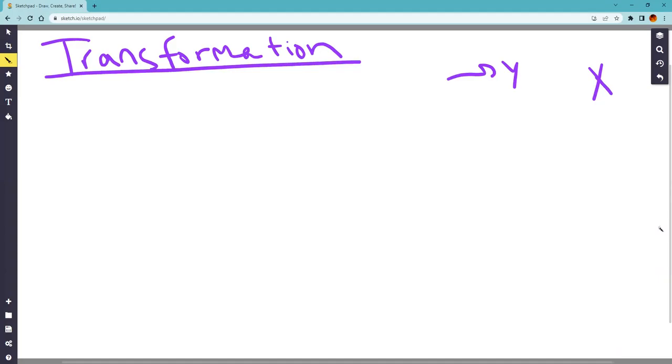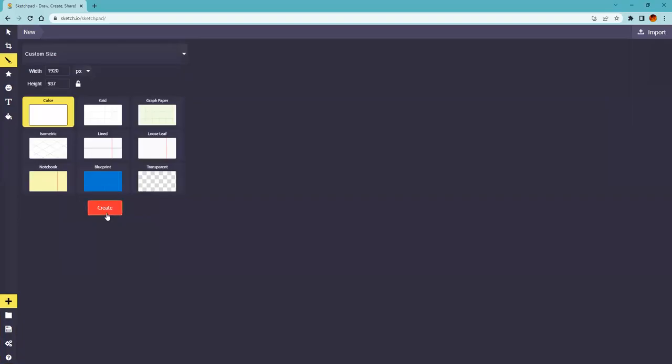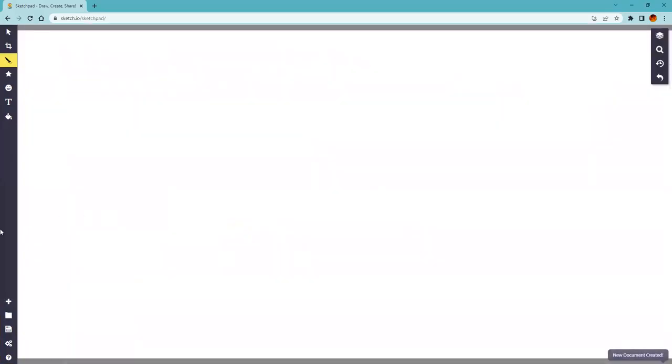So let's say this was our residual plot. That's a pattern, isn't it? Since that's a pattern, that is not good.